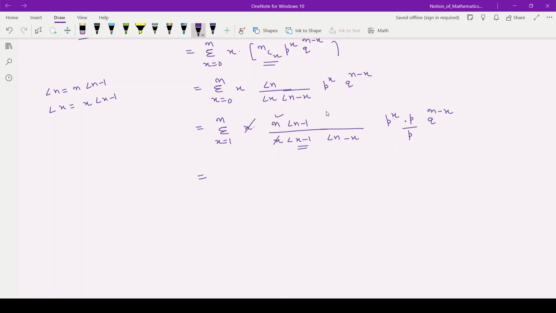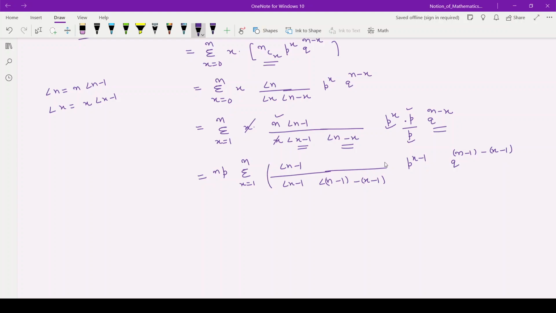So this np is outside of the summation now, that is summation x equal to 1 to n and factorial n minus 1 upon factorial x minus 1, and this can be written like factorial n minus 1 minus x minus 1, and this p power x is ultimately p to the power x minus 1, and this may be written like q to the power n minus 1 minus x minus 1.